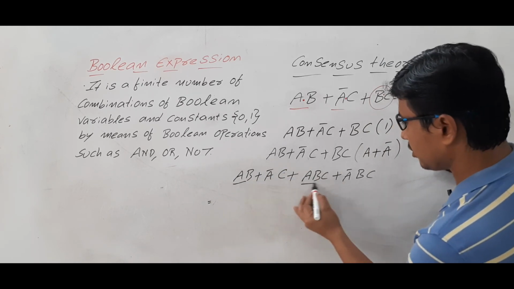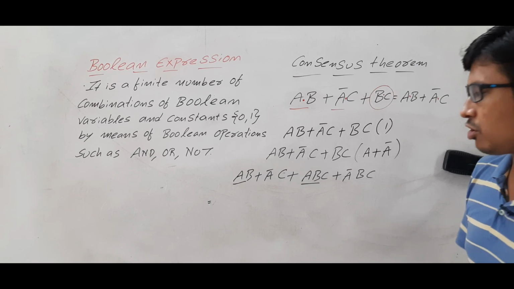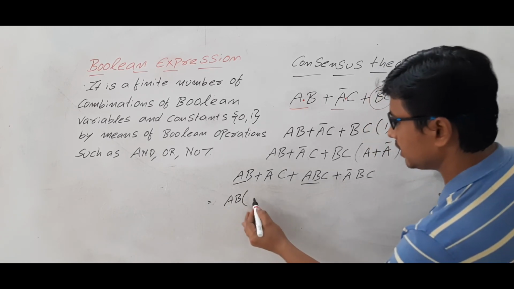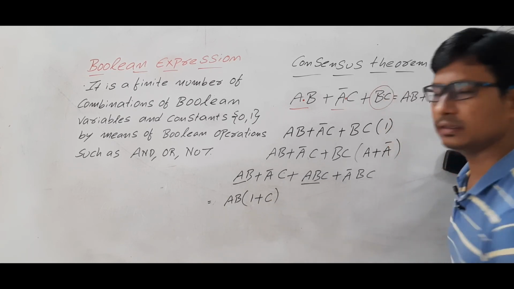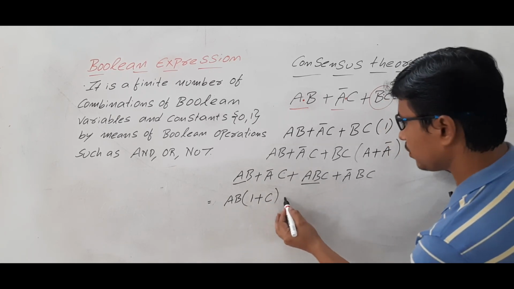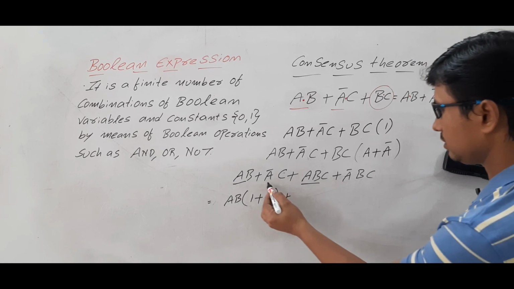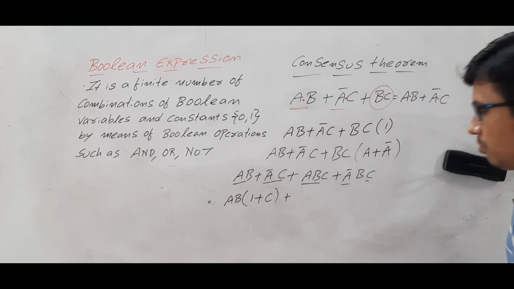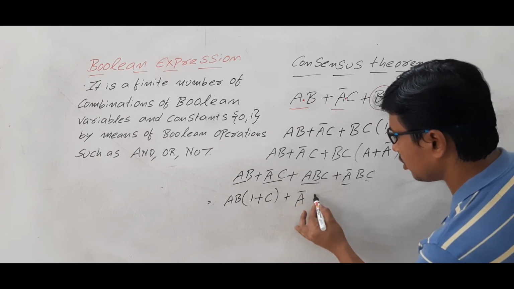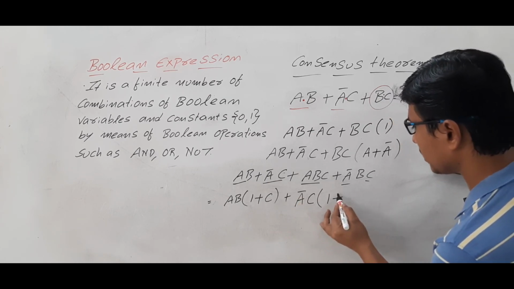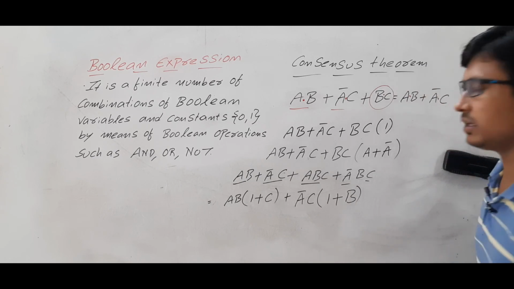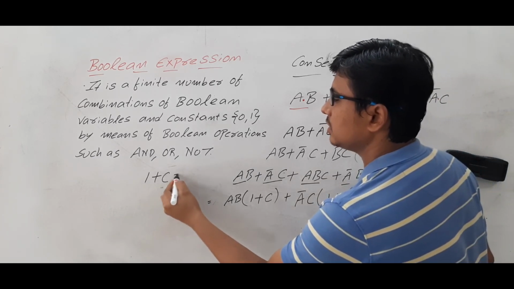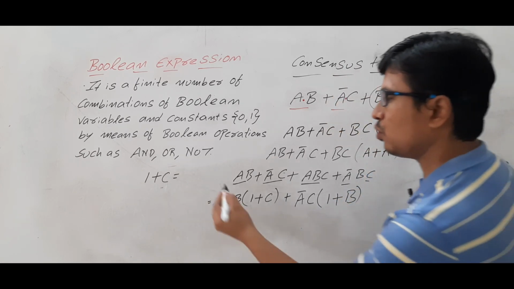Now from here, can I take AB as common? Yes, I have taken AB as common. It will be 1 or C. Is it clear? From here, what can I take common? A complement C, I can take common. So it is equal to A complement C, 1 or B. Is it clear? Just now we discussed 1 or C is equal to what? 1.